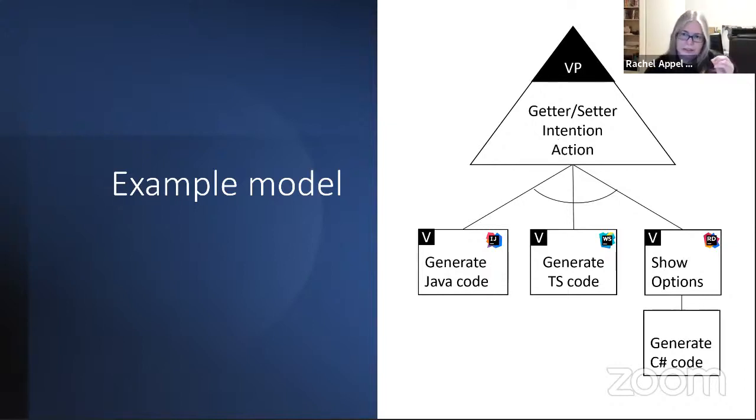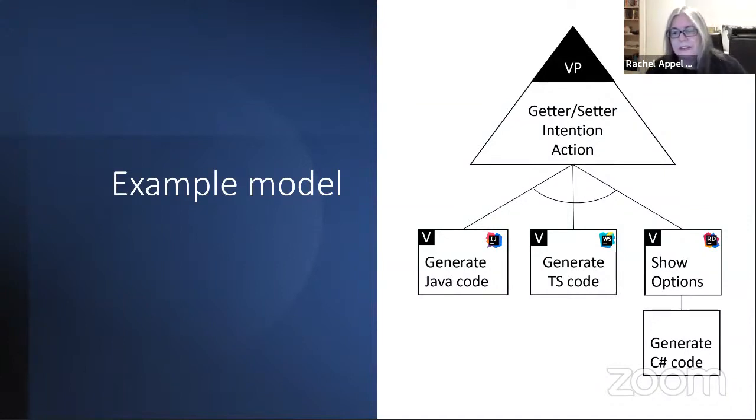That's the variability point. At that point, if I'm in Java and if I click on that, or if I arrow down and press enter on that, in Java, in IntelliJ, that's going to make Java code. And WebStorm, JavaScript or TypeScript, and in Rider, it's going to create C# or some other kind of code, maybe VB.NET or something like that.